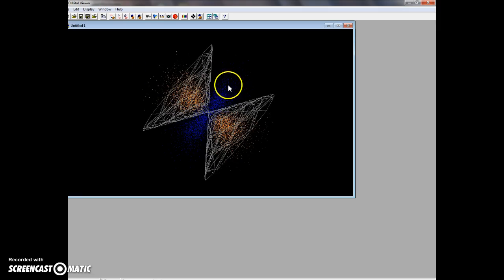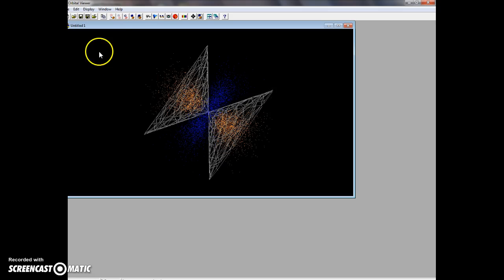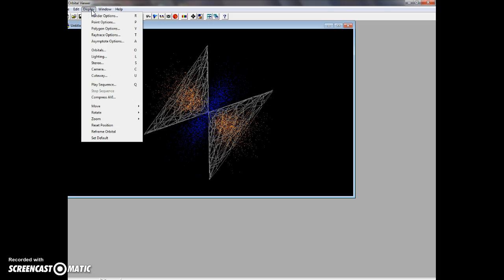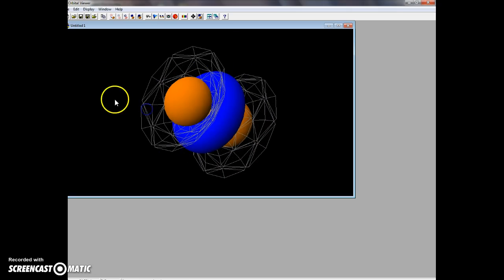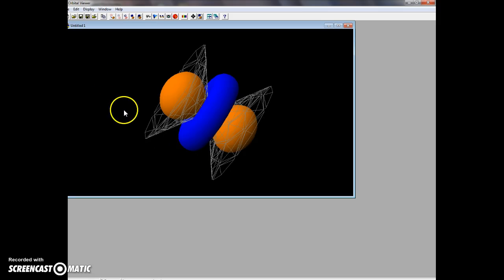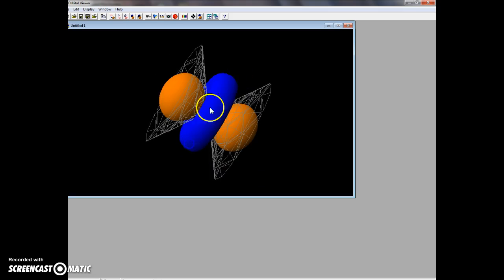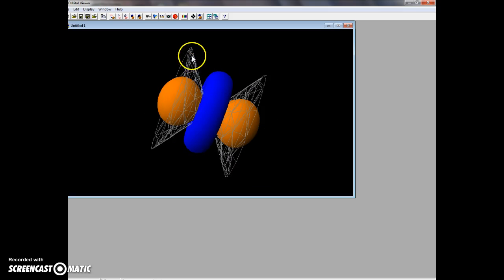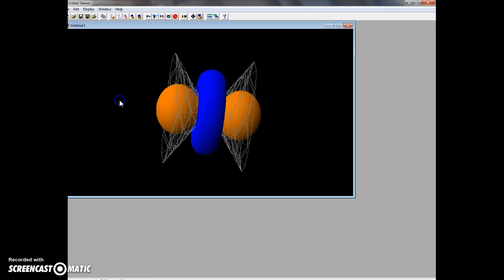It kind of looks like a torus or a donut in the middle. And I think it's going to be even easier to see that if we change our rendering options to polygons. And then you can see what you usually see in a textbook. So that's a 3d orbital with this torus or donut shape, because your asymptotes, your nodes, are conical in this case. I hope that helps you to see how these orbitals are shown.